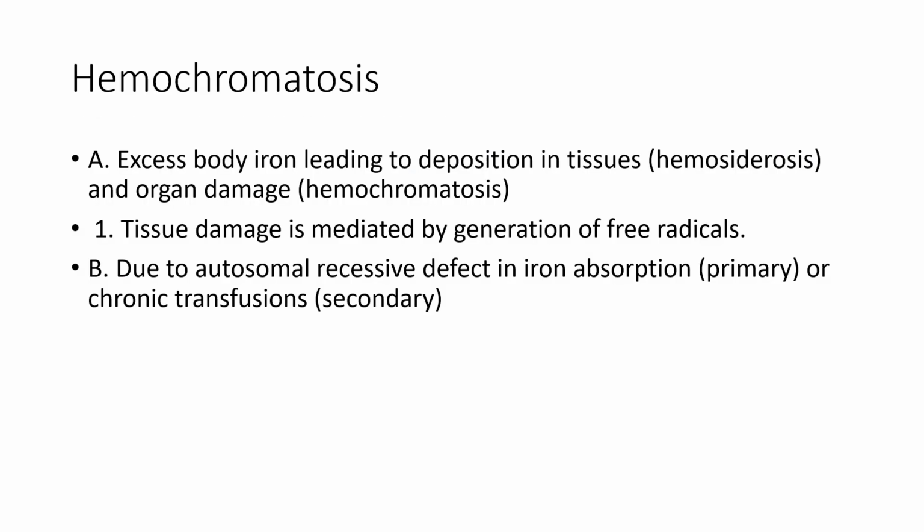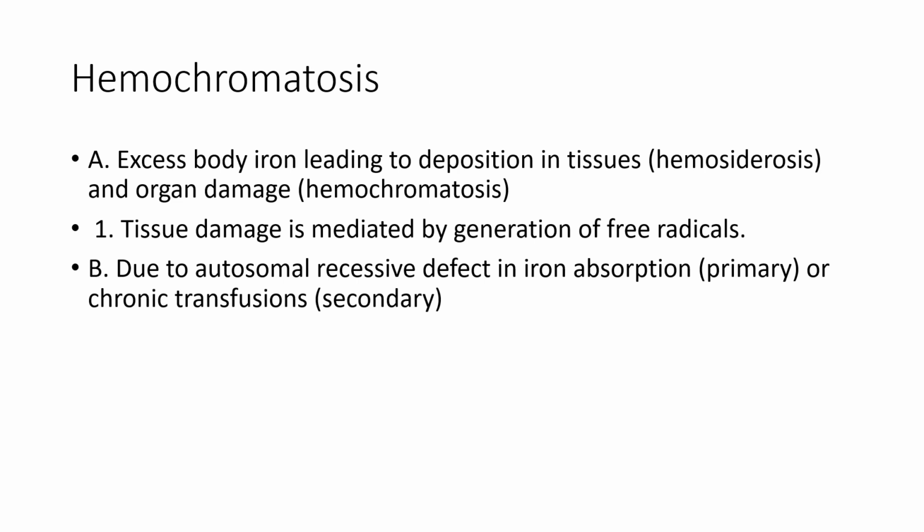Now coming to the last option of the MCQ, hemochromatosis. In this case, there is excessive body iron causing deposition in tissue, hemosiderosis, and organ damage. The tissue damage is mediated by the generation of free radicals.